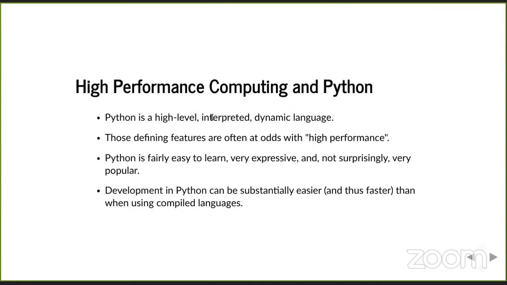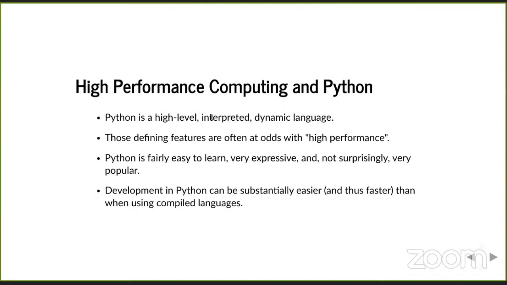It's a fairly easy and expressive language, and very, very popular, partly because of that, and partly because of the large number of packages that give you extra functionality that are available for Python. And so when you're using Python, developing a new code or a new computation can be very quick. It can be much faster than, say, in a compiled language, just because of the language itself and the convenience that it gives you.